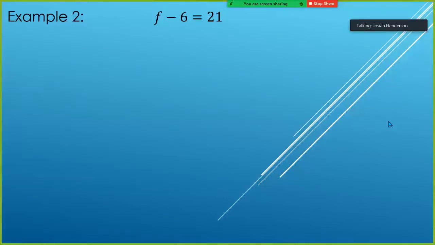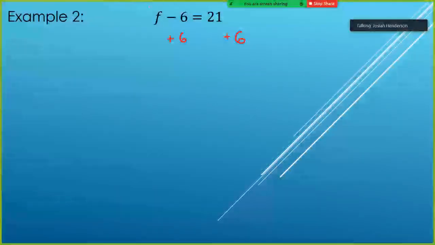So here's example 2. Identify what's happening to the f. Well, it says f minus 6. So I don't want a minus 6 from both sides because minus 6 and minus 6 won't cancel, right? That's why we're doing opposites. So I want to do a plus 6 to both sides.